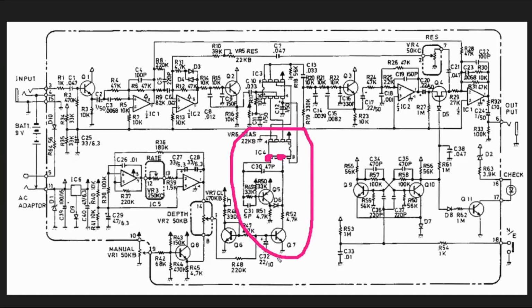from these other components. Q7 is set up to act as a variable resistor, and its resistance is constantly varying because of our LFO that's constantly going up and down. So as this resistance is constantly varying, that means that the way that this cap is charging and discharging is constantly varying, which means that the clock driver IC is constantly changing the clock frequency that it's providing to the BBD.